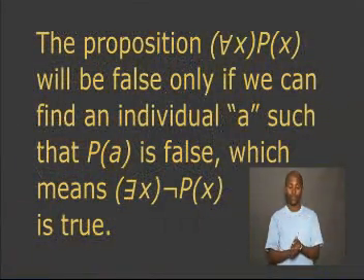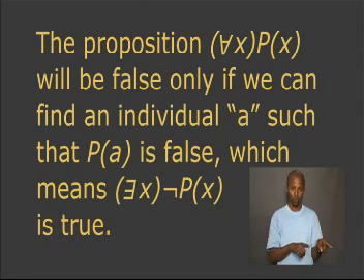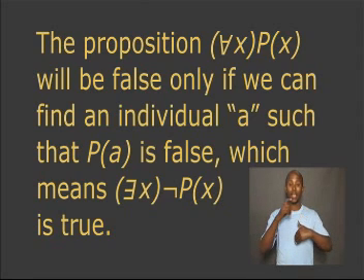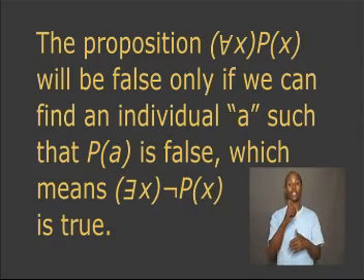It is clear that the negation of a given proposition must also be a proposition. Therefore, how can we negate the propositions there exists x for P of x, and for all x then P of x?